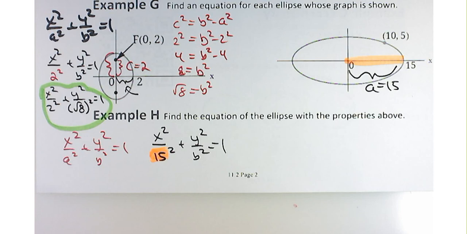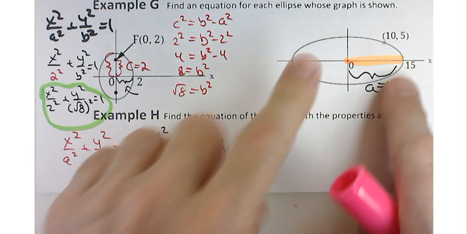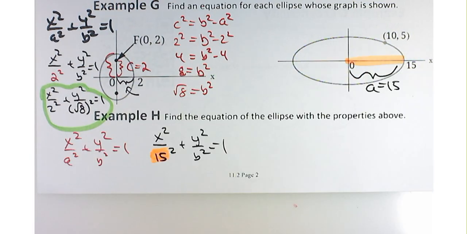Wouldn't that be the foci? No, it's not. How do I know 10 and 5 is not the foci? It's not on the major axis, right? To be the focus, it would have to be on the major axis. But there is something you should probably think about in regards to 10 and 5. Does anyone know what that would be?